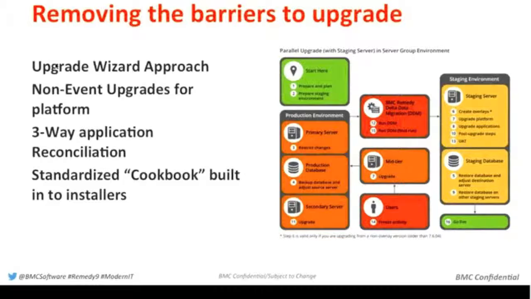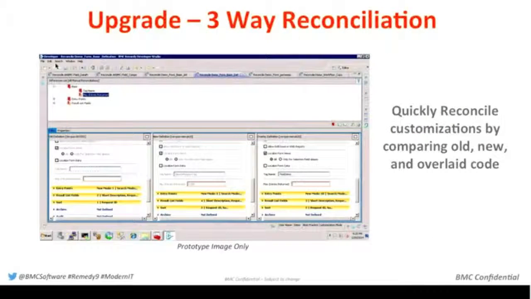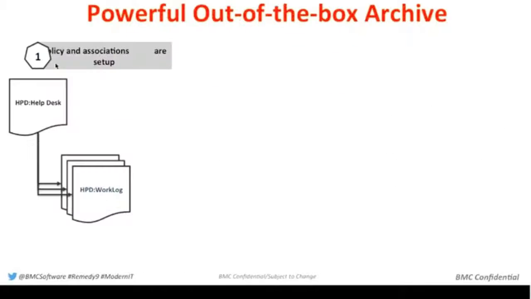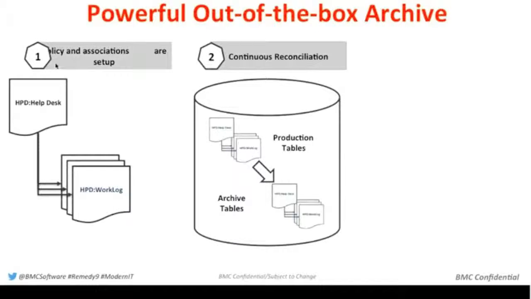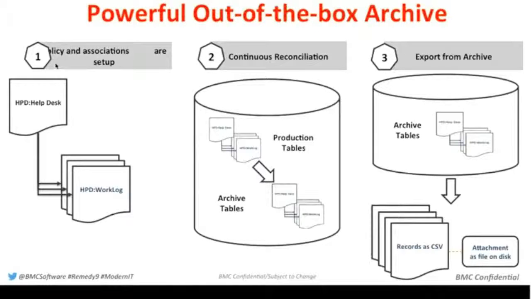And so the rest of it starts going in and dealing with reconciliation from different applications, making sure that you can quickly reconcile customizations. I can compare from one area to another area to another area, as well as being able to go in and do archiving. Wait, did he say we can do archiving now? Yes, we can do archiving of information.